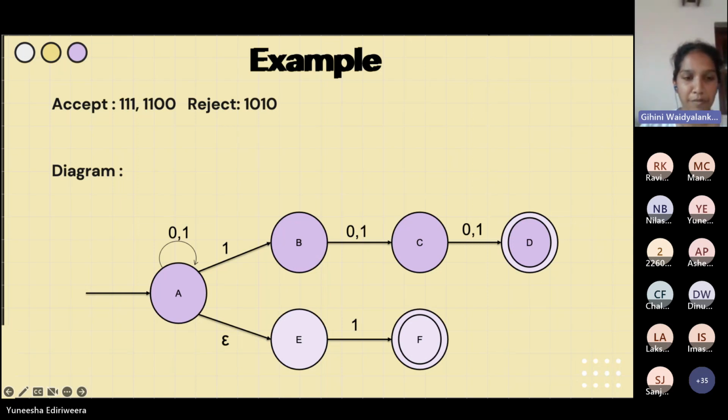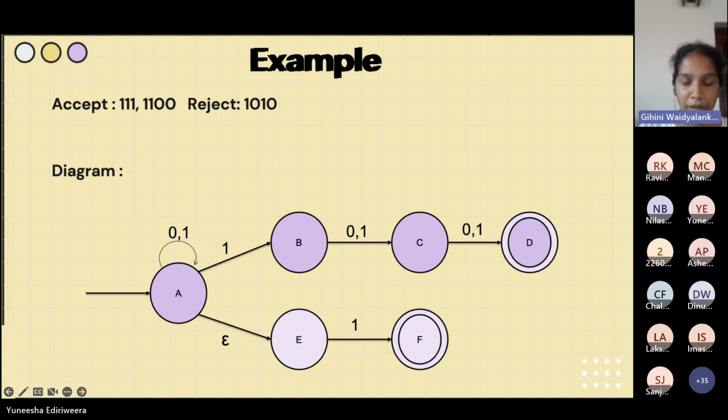Even if there are one or more paths where the string will not reach the final state, as long as there is another path where the string reaches the final state, that string will be accepted. This applies to the string 111 as well.